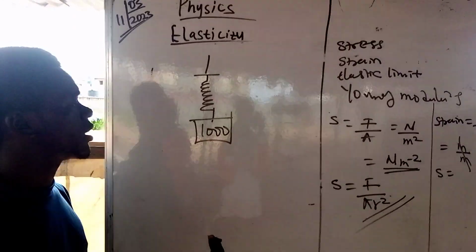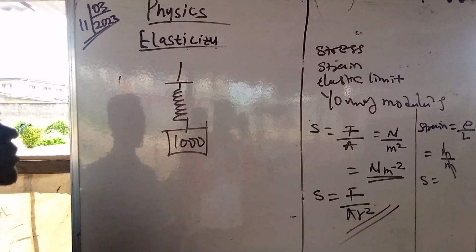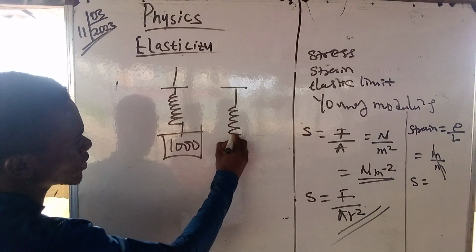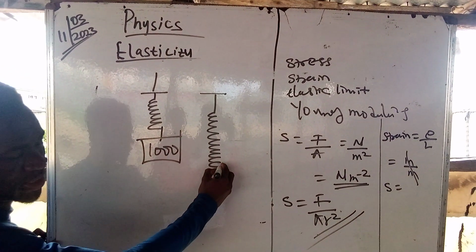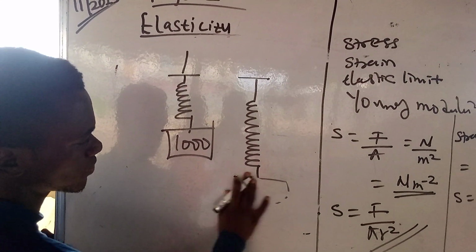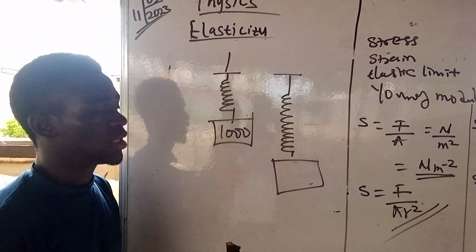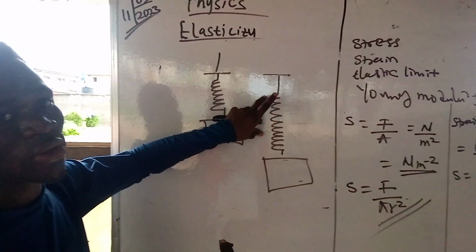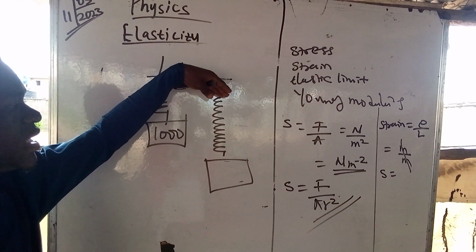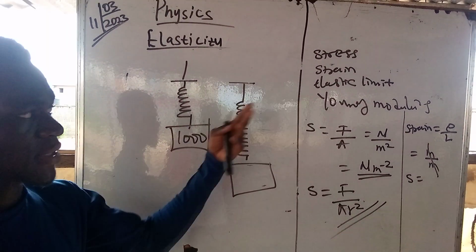When you apply a force on this spring, it is going to make the spring extend beyond its elasticity. When it gets beyond the elasticity, it simply means that the elastic material will not get back to its original shape again. Now that is the elastic limit.